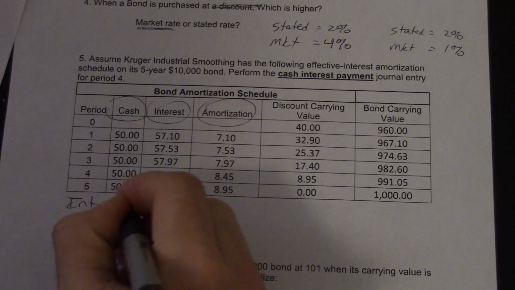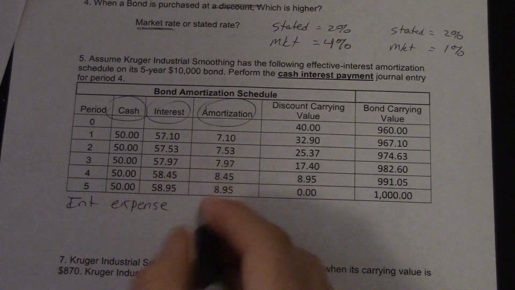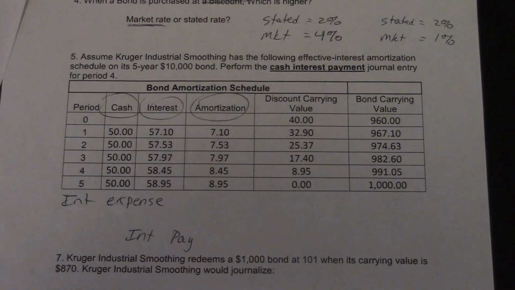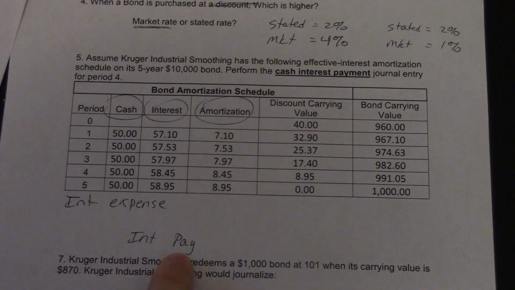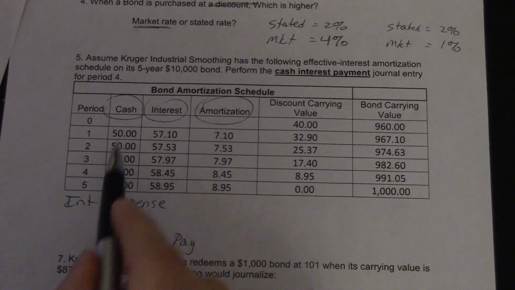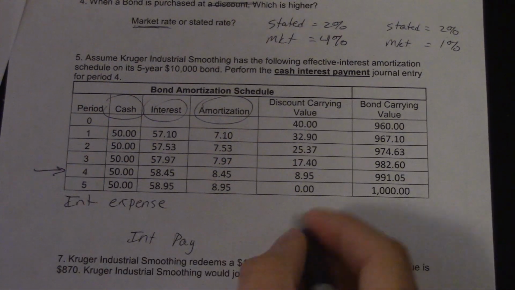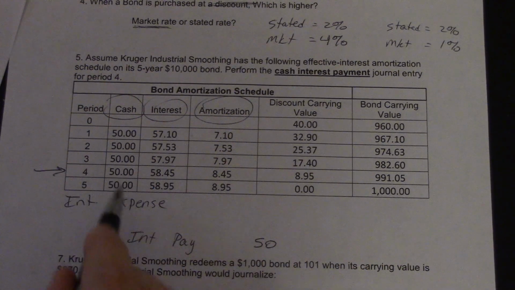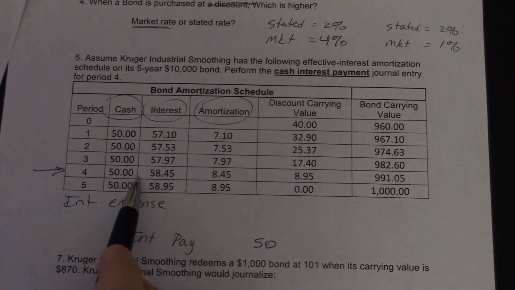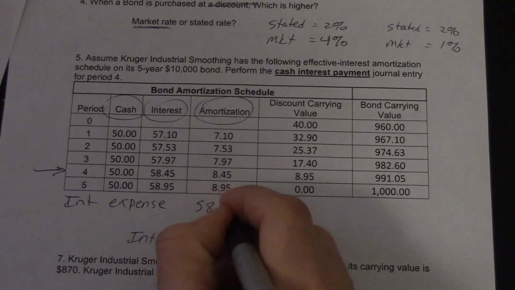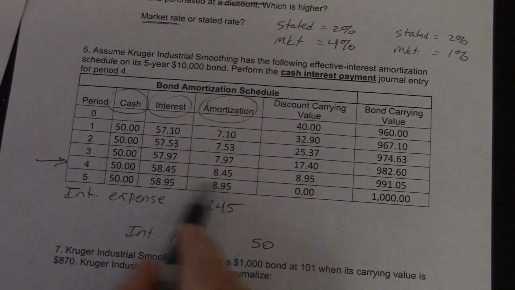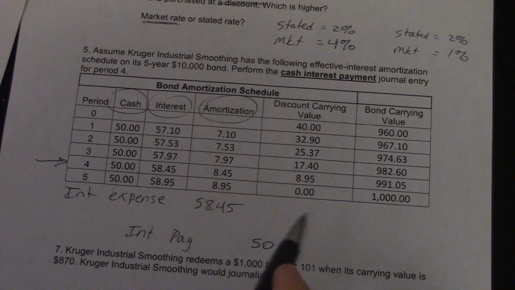So whenever we record an interest journal entry, we have interest expense and interest payable. Our interest payable is going to be the amount of cash that we owe them, which in period 4 is $50. Our interest expense is given here, $58.45. And then our amortization is $8.45.